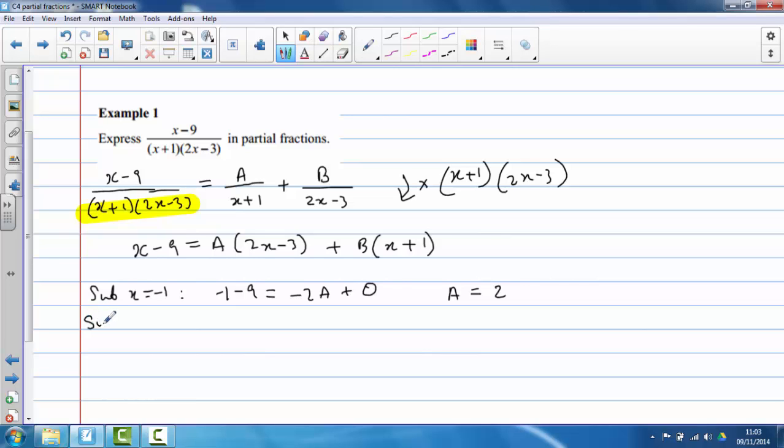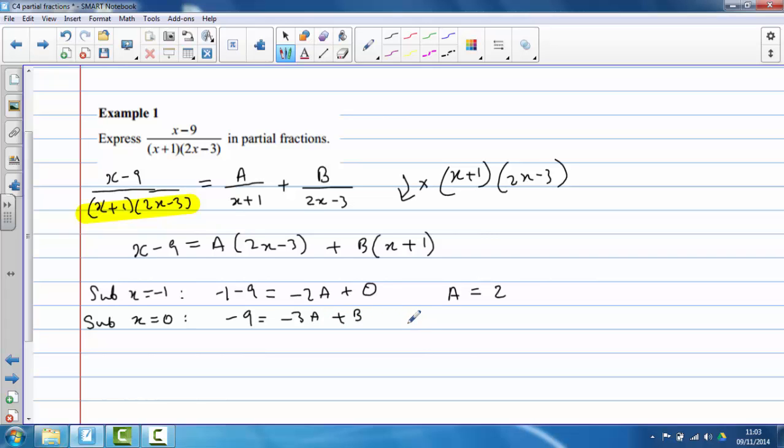Now similarly we can sub in, so if we make 2x minus 3 equals 0, x equals 3 over 2, but that leads to unnecessary complications with fractions. What we could do instead is substitute x equals 0, and then we've got minus 9 equals minus 3a plus b. We know what a is.